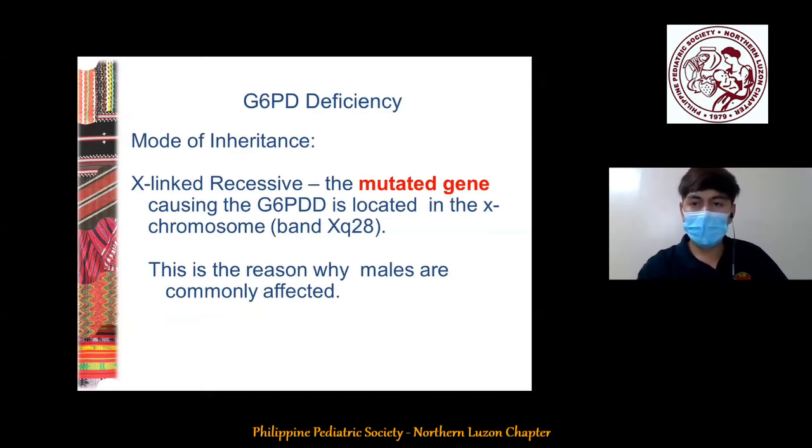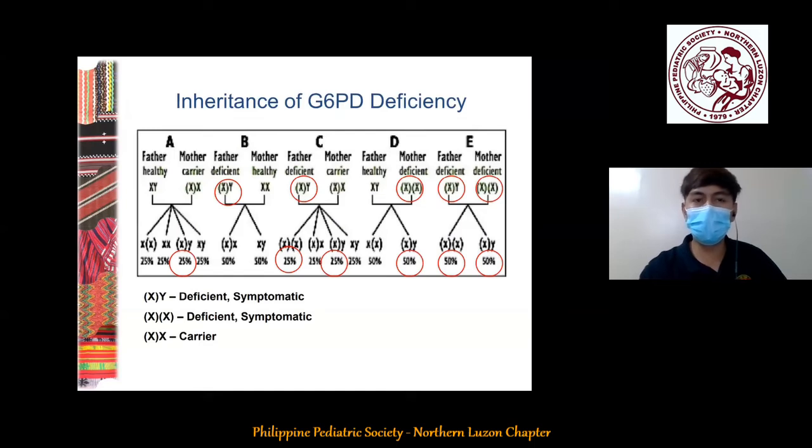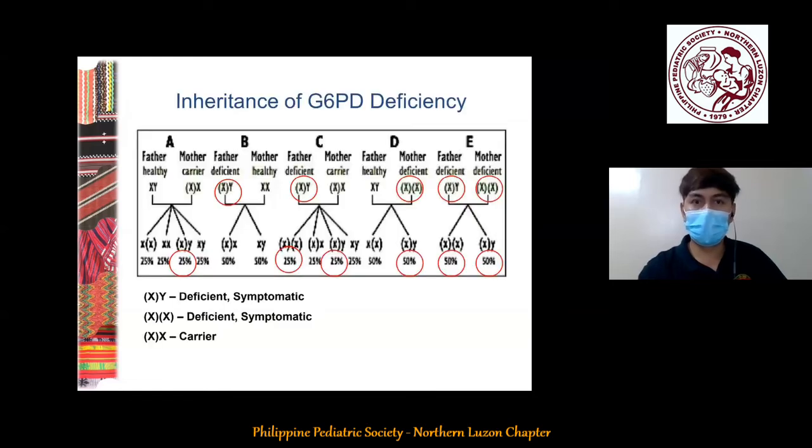Okay, this is exciting. Genetics. In newborn screening continuity clinics, we do genetic counseling as part of our work. Okay, we have the inheritance. Kapag pinakita ko po sa inyo ito, nakakalito, right? Usually these are posted online and in Google.